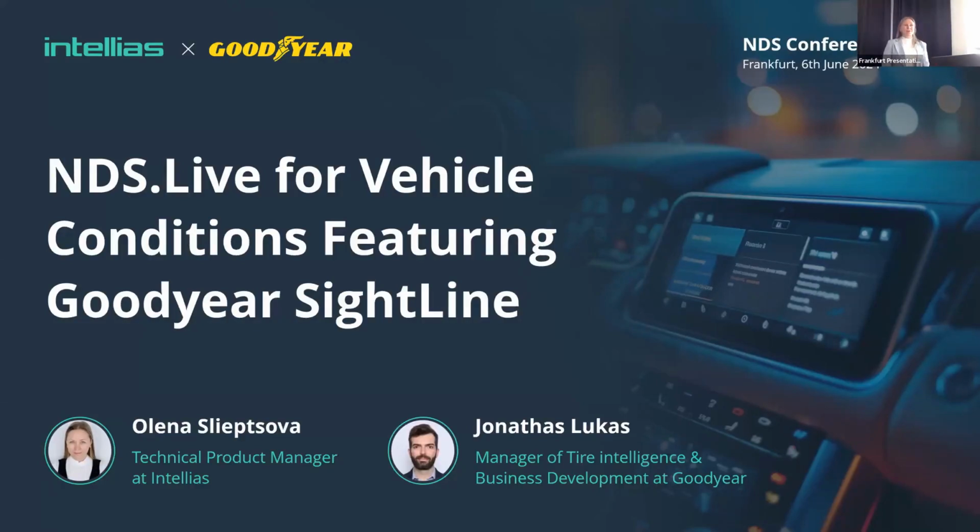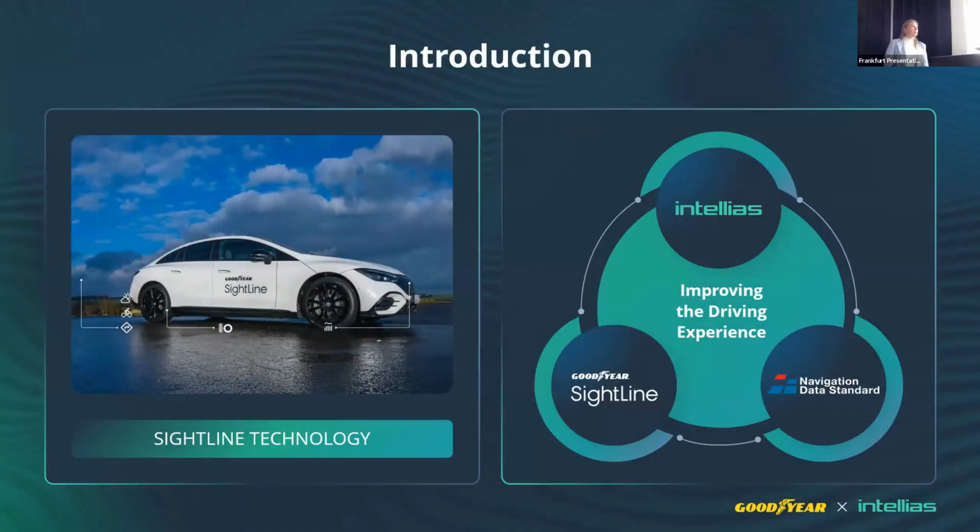solution. We have a special guest from Goodyear here, Jonathan. I will invite him to the stage for a few minutes to give a short overview of what SightLine is doing. But just to give you an idea about SightLine, through aggregating driving behavior, vehicle, tire and road information, SightLine is building ever-fresh curated databases to improve driving experience, vehicle performance, and of course, safety on the road.